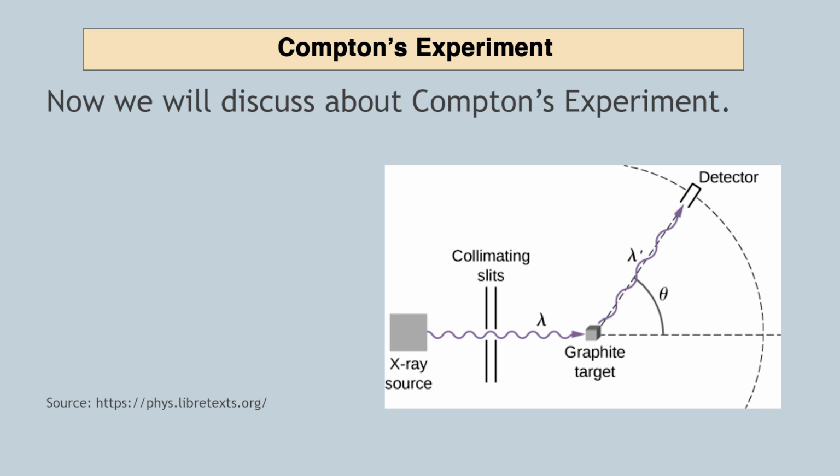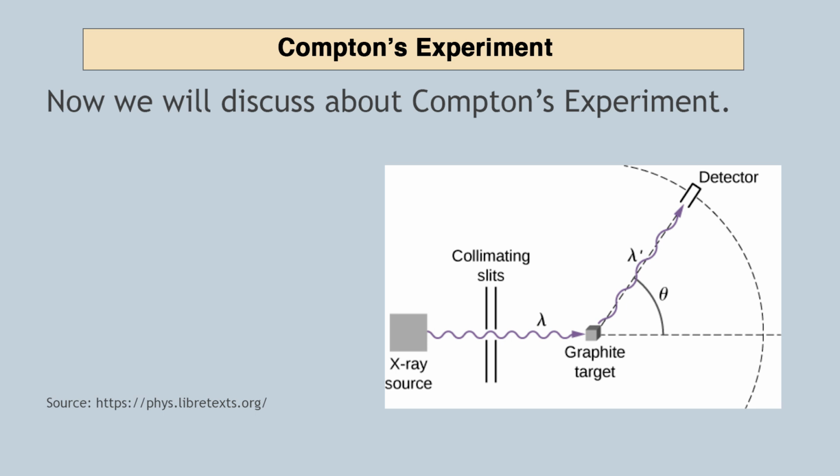For all scattering angles except theta equal to 0 degrees, we measure two intensity peaks. One peak is located at the wavelength lambda naught, which is the wavelength of the incident beam. The other peak is located at some other wavelength lambda dash, which is the wavelength of the scattered light. We can see the two peaks are separated by delta lambda, which is the difference of lambda dash and lambda naught. That is, delta lambda is equal to lambda dash minus lambda naught equal to h over m_e c times (1 minus cos theta).